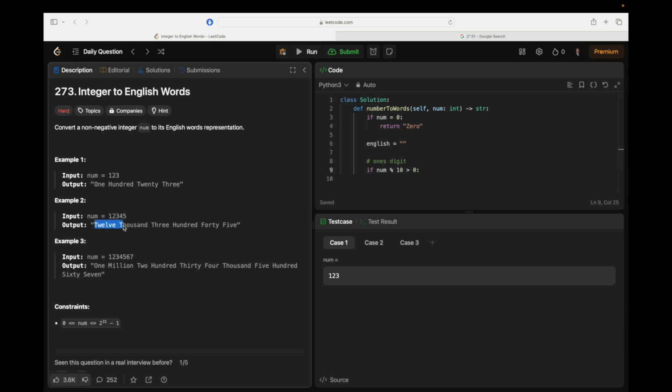Oh, 12,000? Are you serious? Interesting. Oh, this just got a lot harder. So we can't necessarily do it digit by digit.